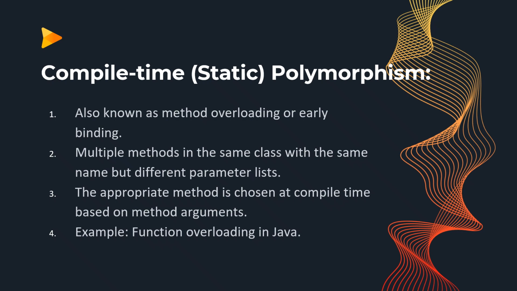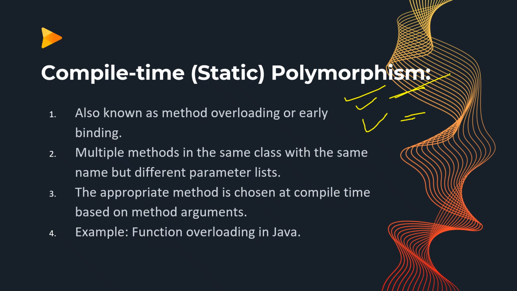So what is compile time polymorphism? It means multiple methods in the same class with the same name but different parameters. If we consider our program, there will be a class in which there are multiple methods. Consider that there are two methods and both have the same name, like a run method.